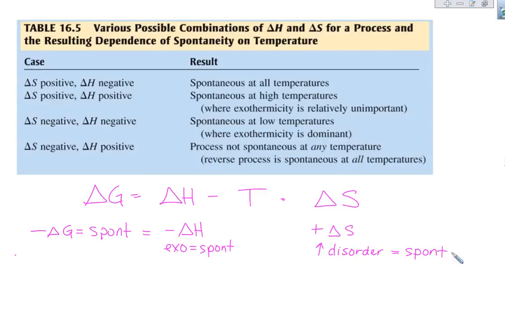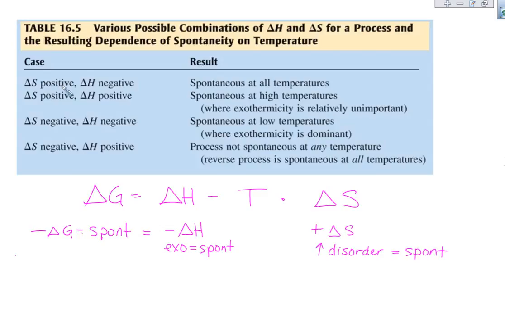If it's exothermic, we're going to have a negative delta H minus, and as long as this is positive, this is going to be negative minus some positive quantity over here. And it should always keep our delta G negative. So if we have these conditions given here, exothermic, negative delta H, and a positive delta S, increase in disorder, we are spontaneous at all temperatures.